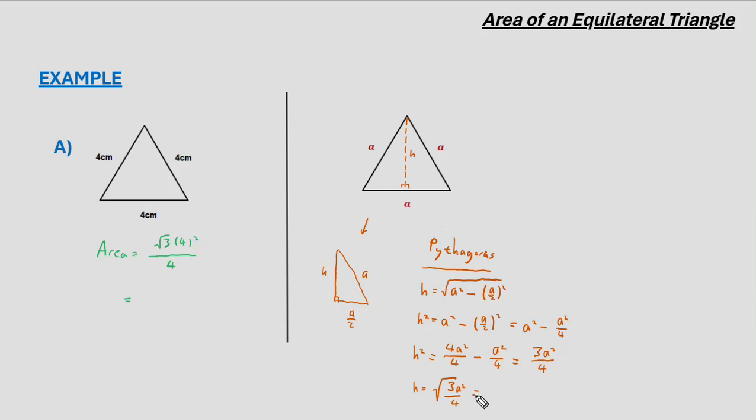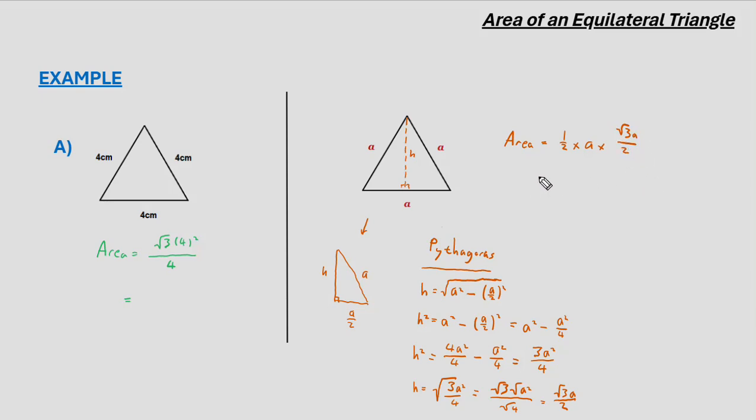Now this can be written out as root 3 root a squared over root 4, which becomes root 3a over 2. This is the height of the equilateral triangle. Now, if we remember the formula for the area of a triangle, it's half multiplied by the base multiplied by the height, which we have as root 3a over 2.